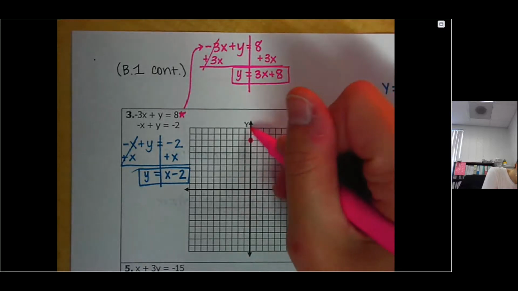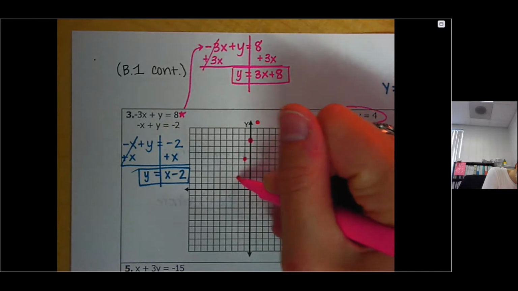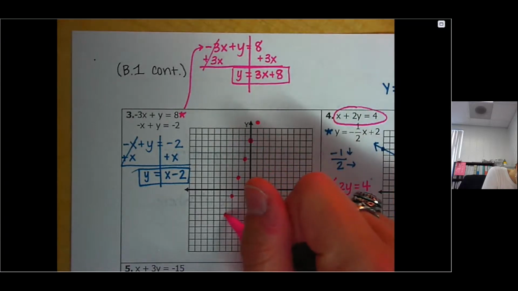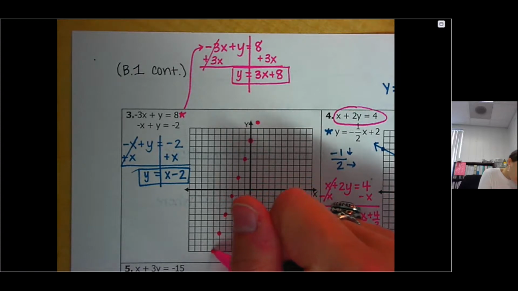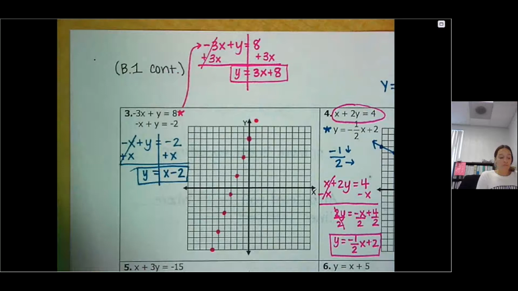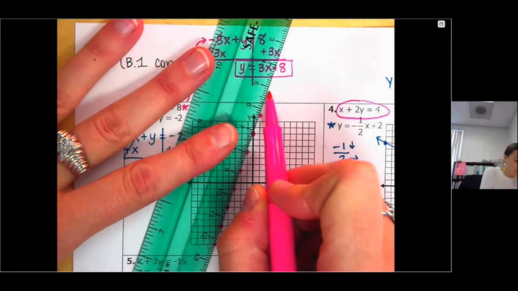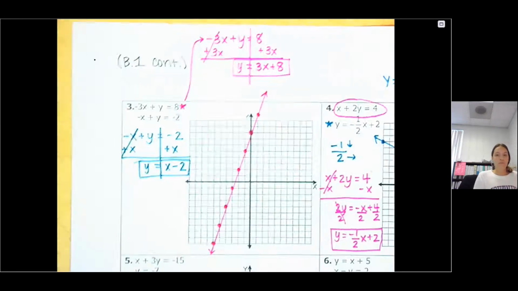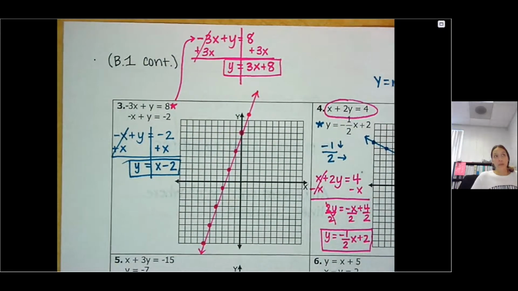Eight. Correct. There's my pink graph so far.